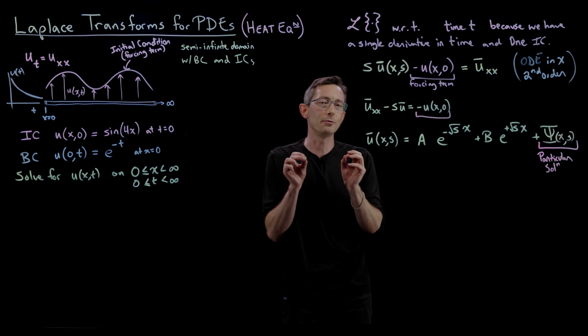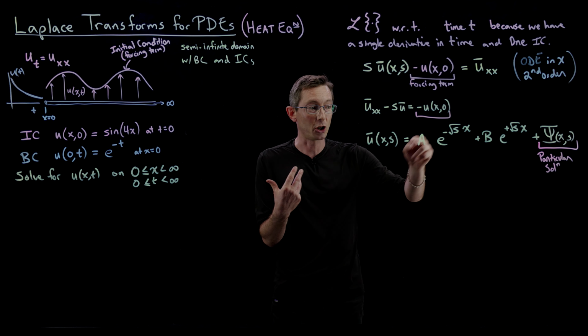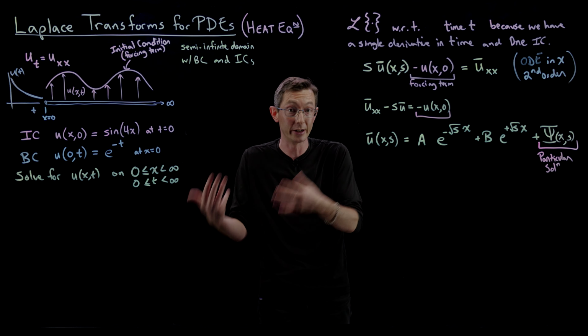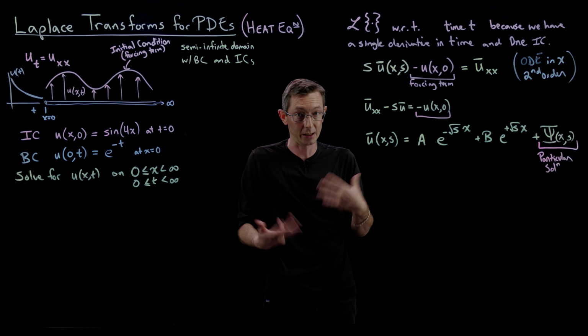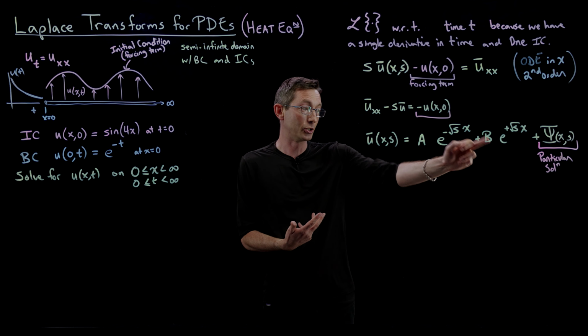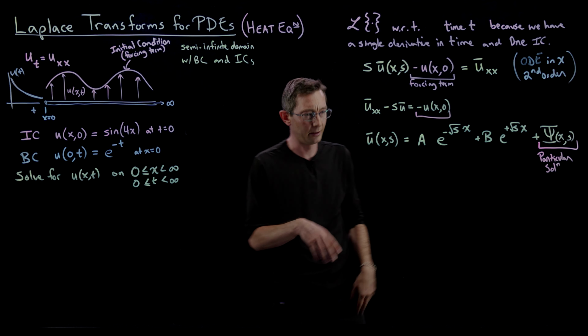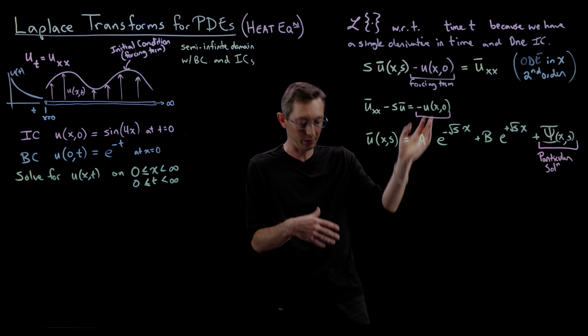And I'm going to make a point. These constants out front need to be determined, based on your initial conditions or your boundary conditions, just like you would normally do in ordinary differential equations. You would determine these coefficients by the first and second derivatives, u at 0 and ux at 0.